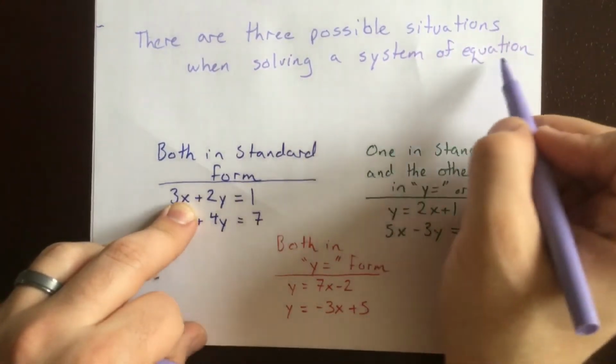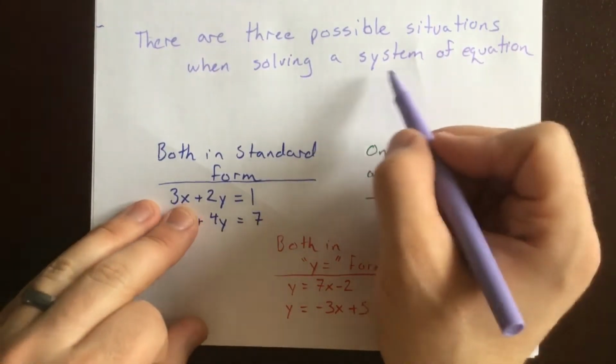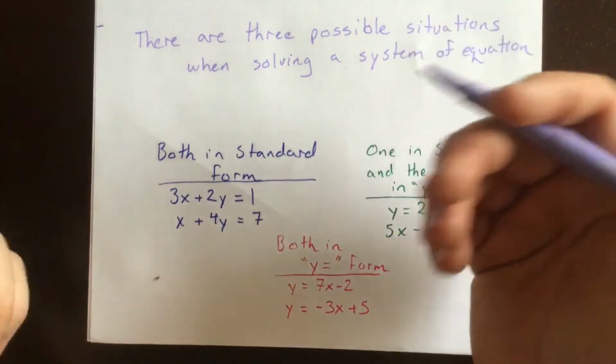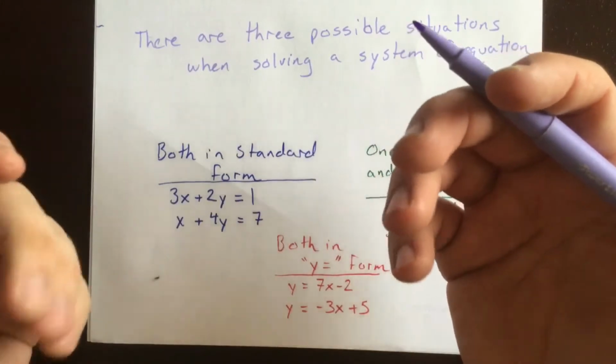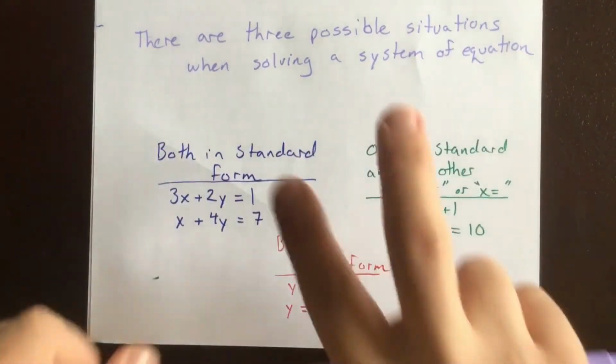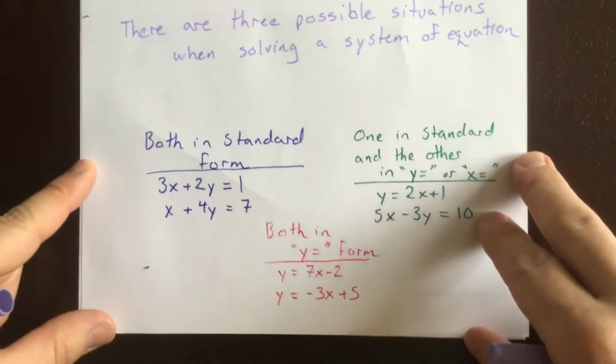This word system is referring to a group of equations. So when I solve a system of equations, I'm finding a point that fits a group of equations. And at the beginning here, we're just dealing with two equations again.